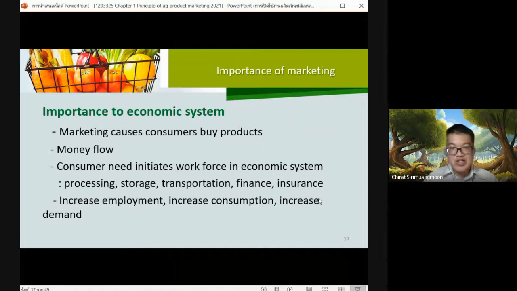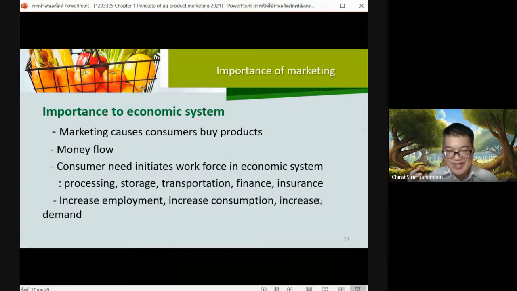So we just finished the importance for the consumers, the importance for producers, and how about how it is important for the economic system. So marketing calls the consumer to buy the products. How? Marketing lets the consumer know what happened, lets the consumer know what is new.